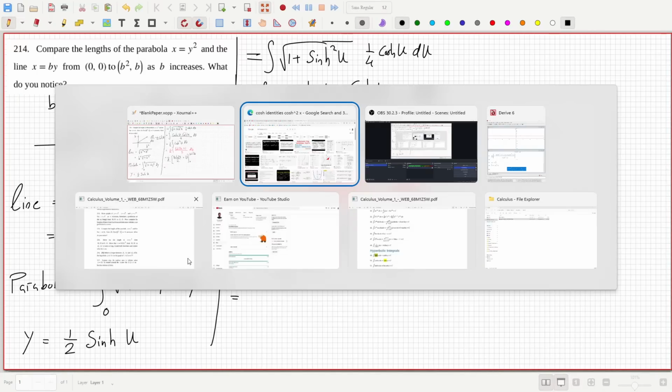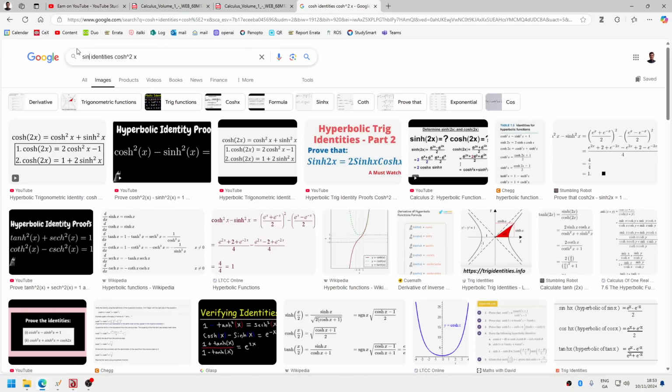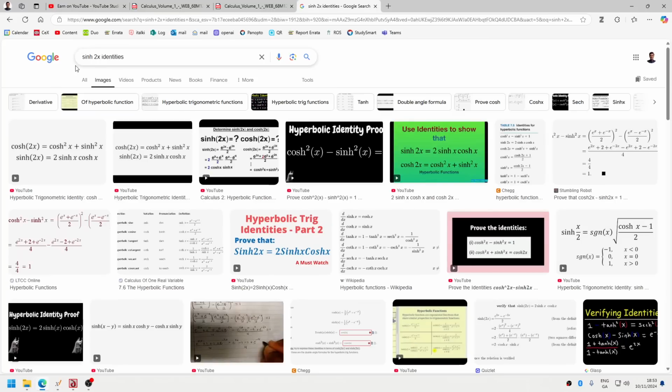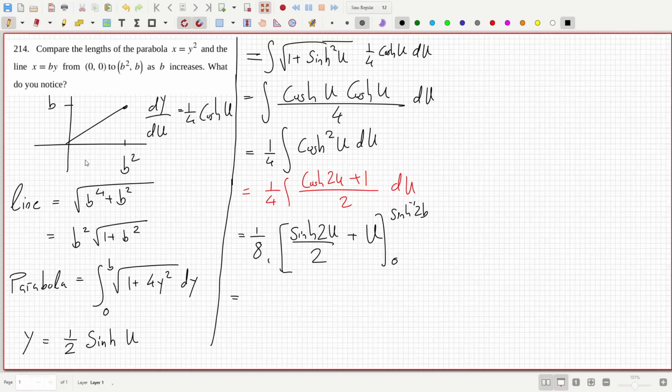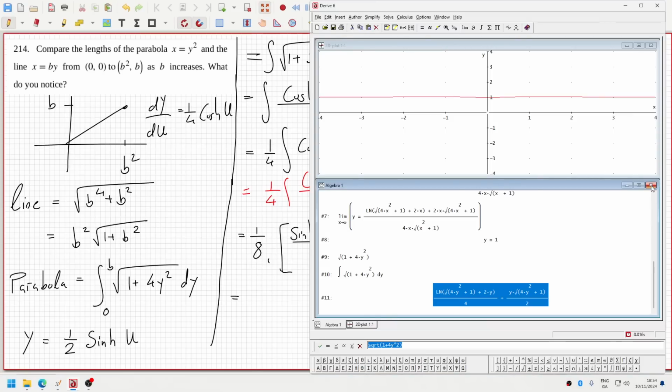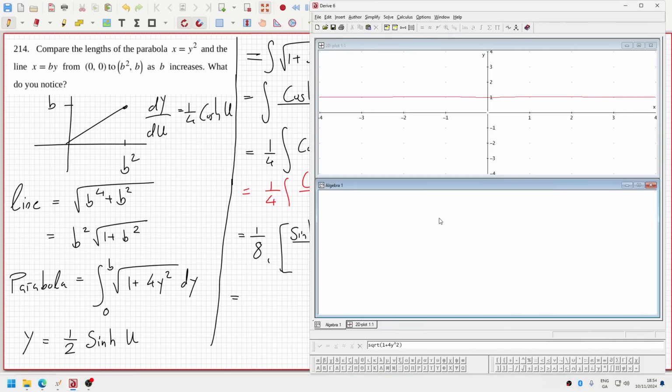Is there an identity I can use? Let me check the algebra here again. So what was I doing? It was square root 1 plus 4x squared, basically.